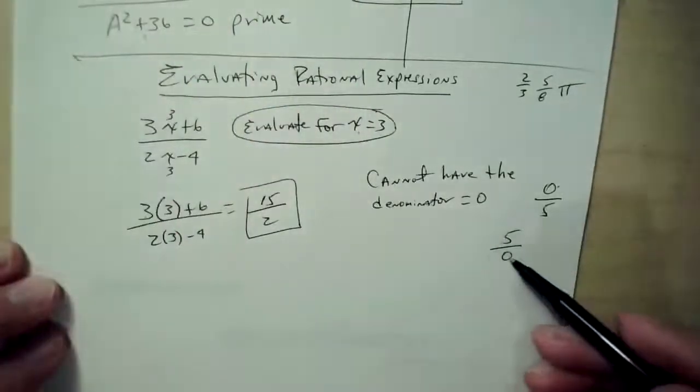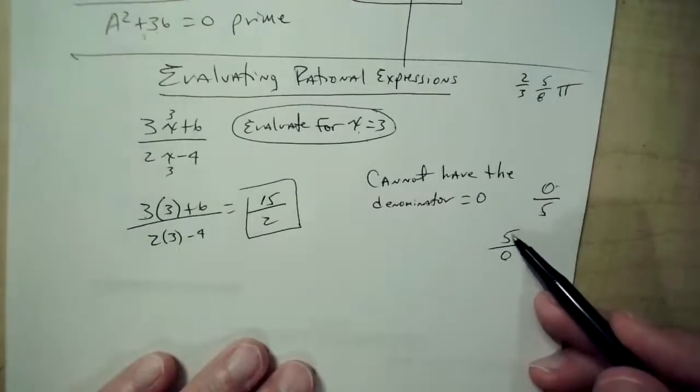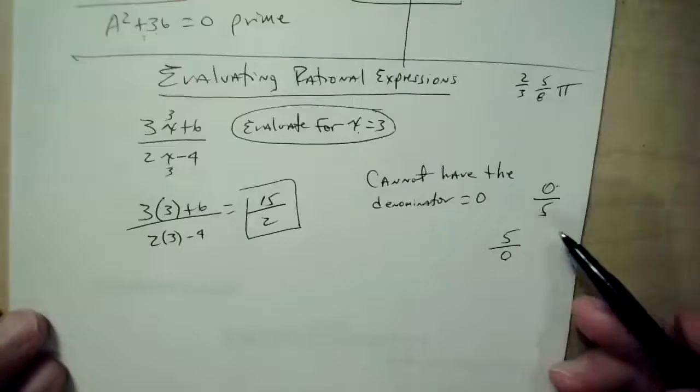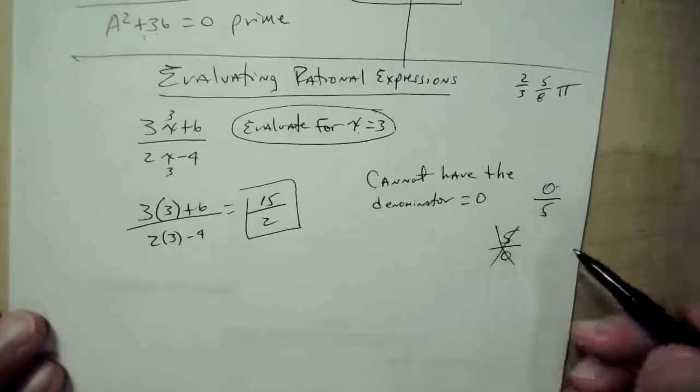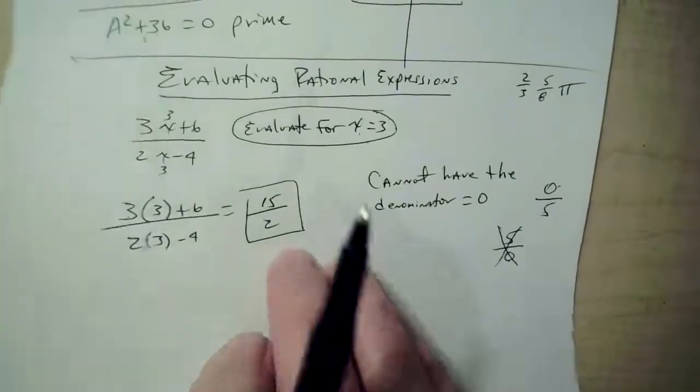Math error. Because what does this mean? How many nothings are there in 5? Well, it doesn't make sense. It's just stupid. So you cannot have 0 in the denominator. And we're going to talk about that more.